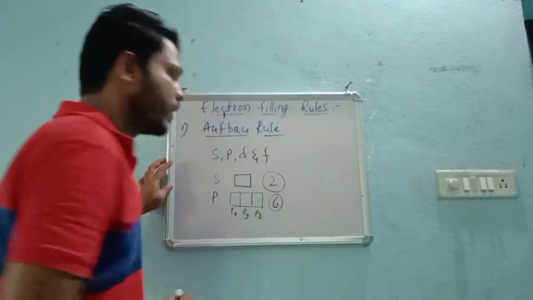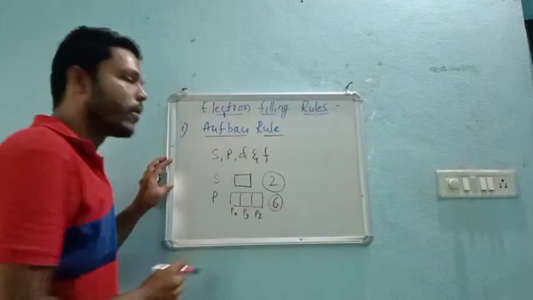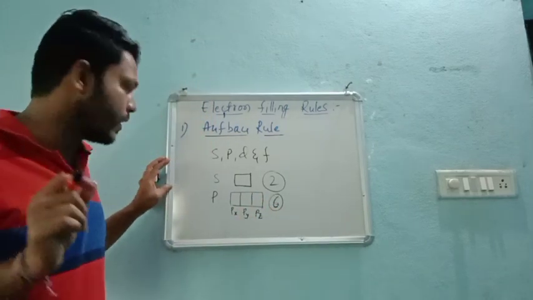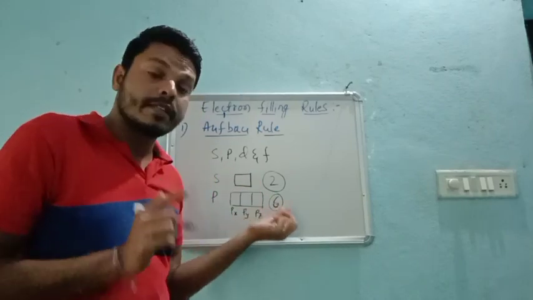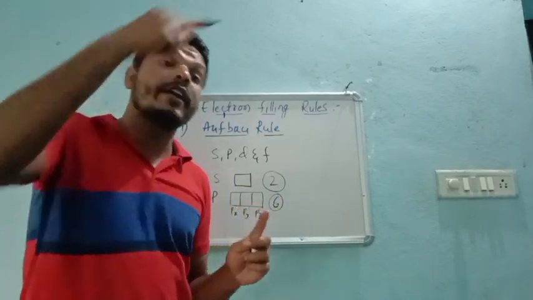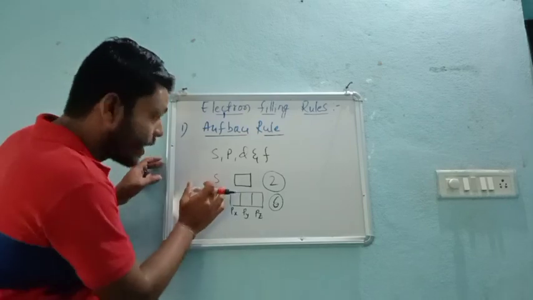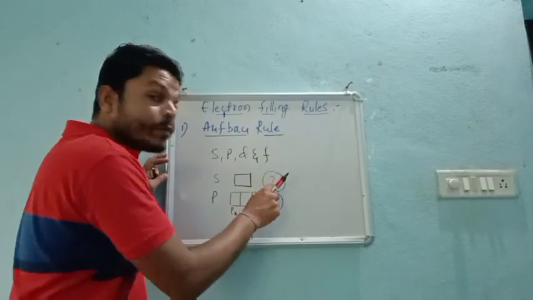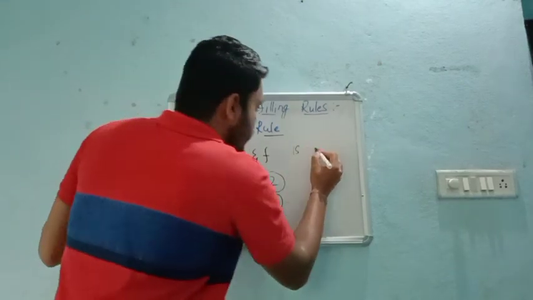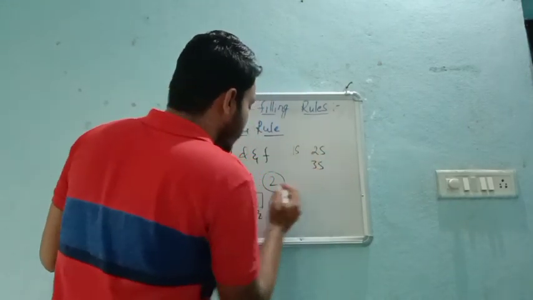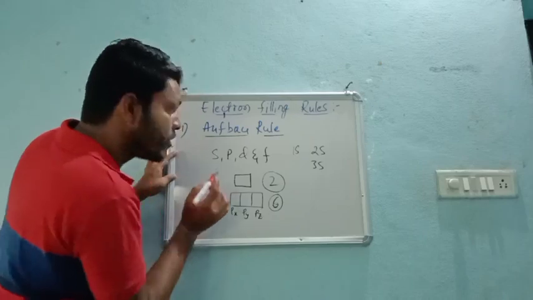Very important, right? The maximum number of electrons present in the p subshell is 6. That means it will not exceed 6, and in the s subshell it will not exceed 2. It may be the 1st shell, 2nd shell or 3rd shell.